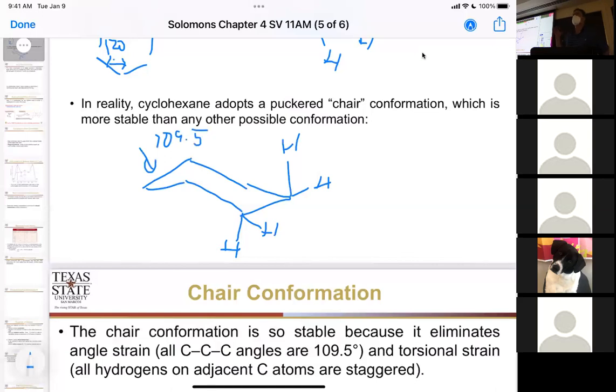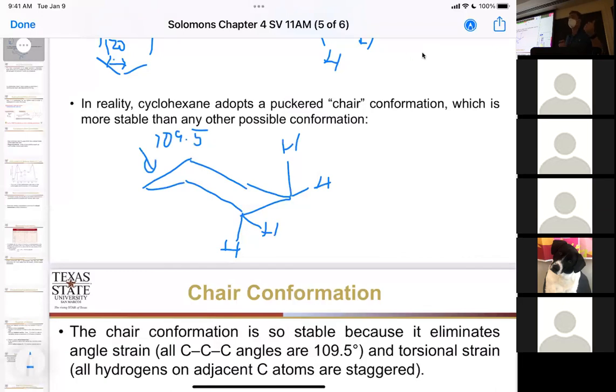So what does that mean about the ring strain of cyclohexane? If it can move such that it has 109.5 degrees, it has no ring strain. So it has the least ring strain of any of the rings, because as you get bigger, you have a little bit of trying to get them all right. So of the small cyclos, that is the one with the least amount of ring strain.